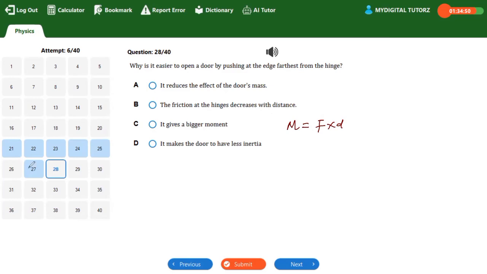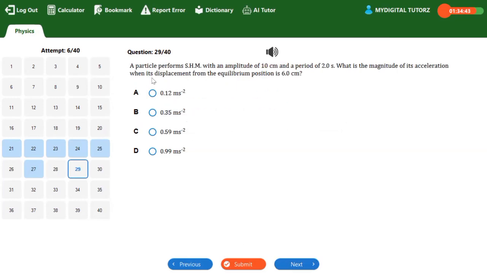So moving on to question 29. Question 29 says, a particle performs simple harmonic motion with an amplitude of 10 centimeters. So you have amplitude A is 10 centimeters, that will give us 0.1 meter, and a period of 2 seconds.